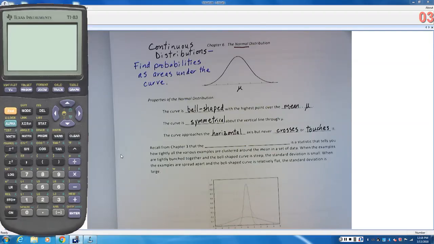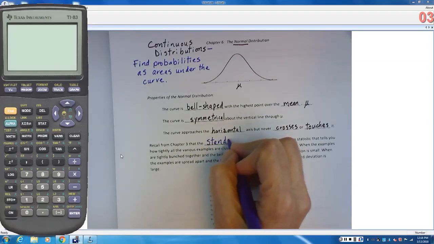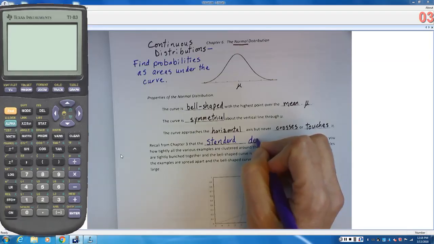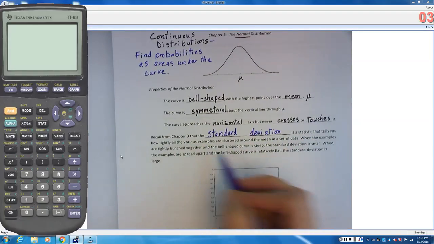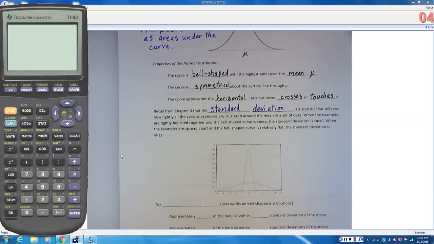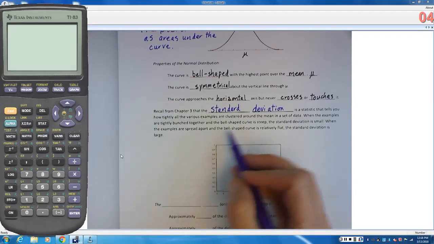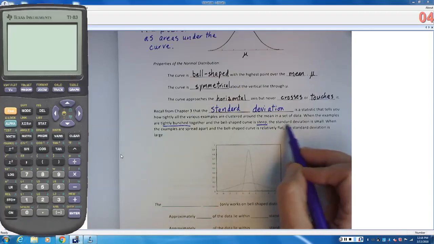So we're recalling from chapter 3 that the standard deviation is a statistic that tells you how tightly all the various examples are clustered around the mean in a set of data. And when we have a bell curve, the normal distribution like this, when the examples are tightly bunched together and the bell-shaped curve is steep, the standard deviation is small.